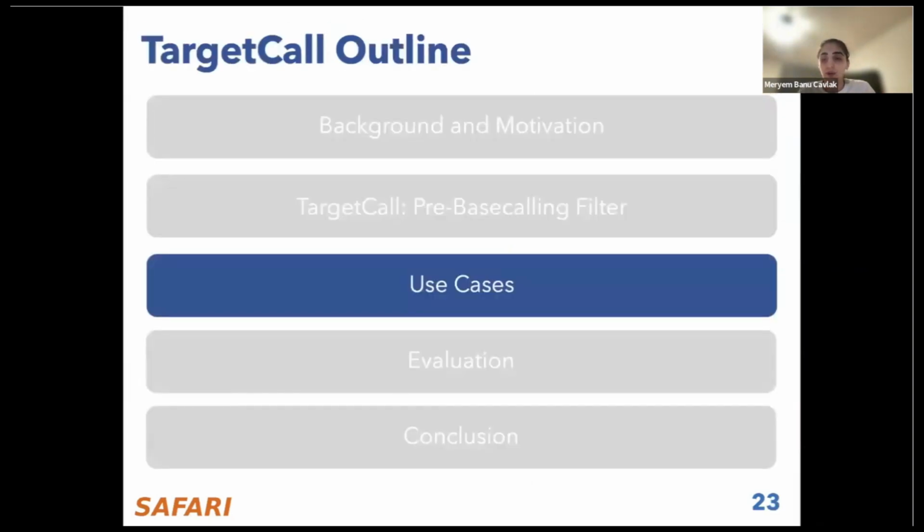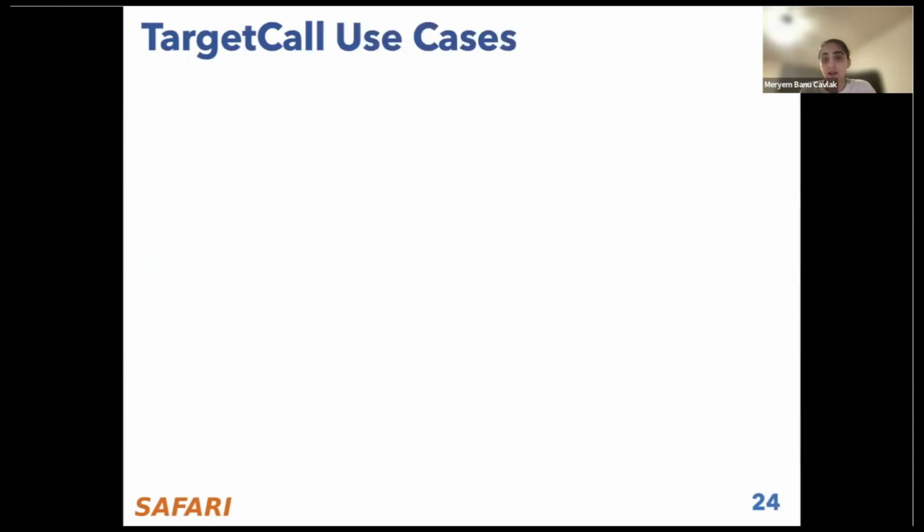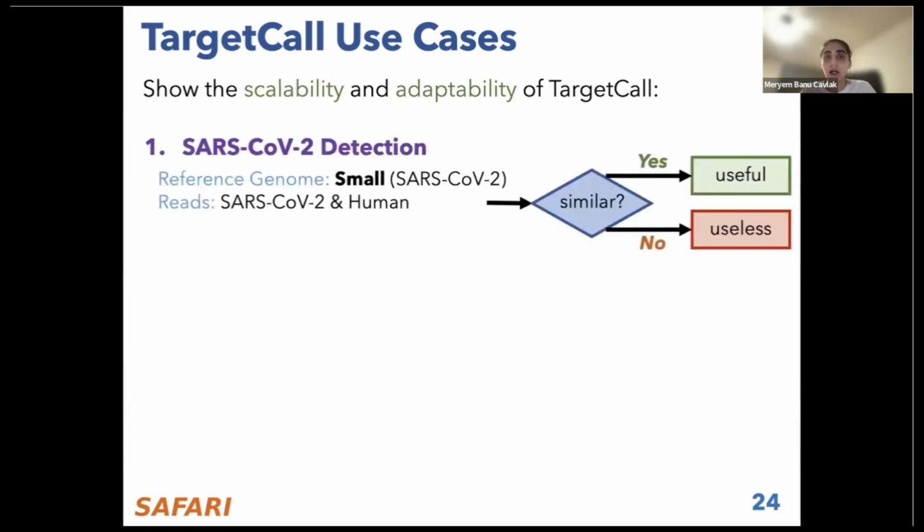Before going through the evaluations, we can check what kind of use cases we can have for TargetCall. We actually show 3 use cases to show how scalable and adaptable TargetCall is to different use cases and different reference genome sizes. The first use case is to find or filter reads coming from a small reference genome, which is SARS-CoV-2 in this use case.